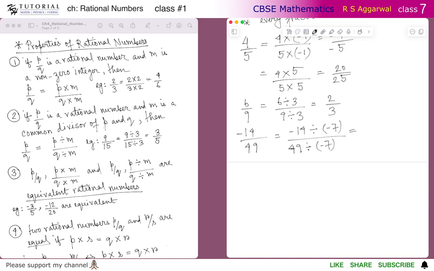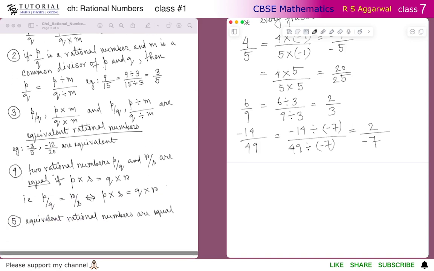So, the numerator becomes 2 and the denominator becomes -7. They are same. So, -14 by 49 is equal to 2 by -7. Why they are same, we will discuss later, but they are same. So, when you multiply or divide the numerator and the denominator by a non-zero integer, the rational number remains the same.